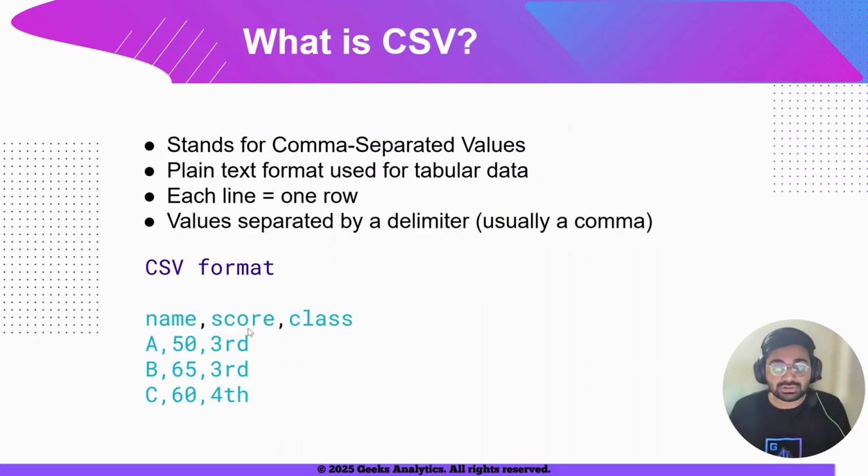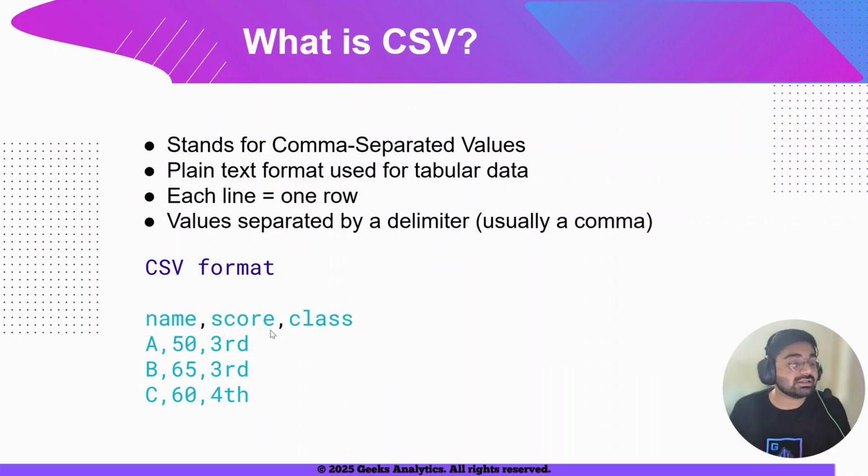If you see this particular example of the CSV format, the first row holds the headers, that is the column names: name, score, and class. The next three rows are data, representing name, score, and the particular class. CSV stands for comma separated values. That's why you will usually see the data separated by a comma, and the data stored could be numbers, strings, whatever kind of data you want to store.